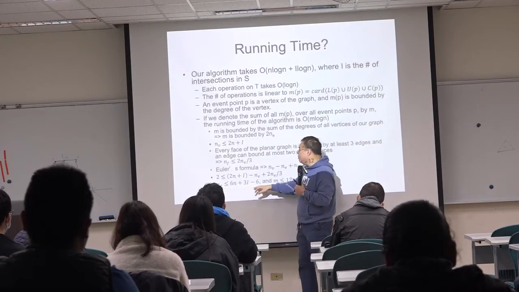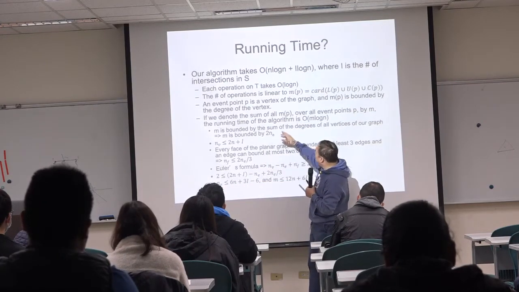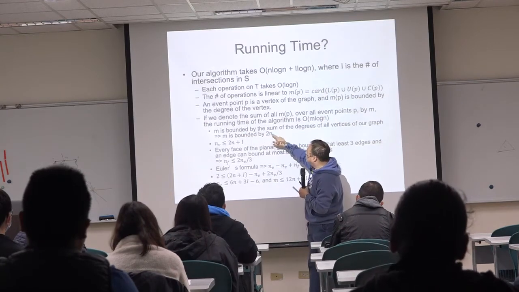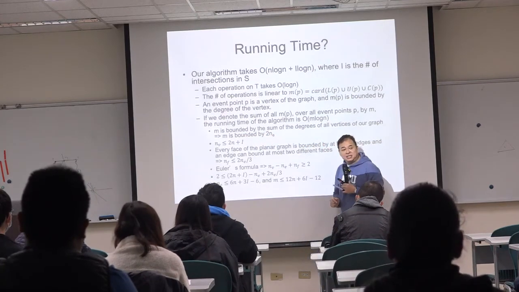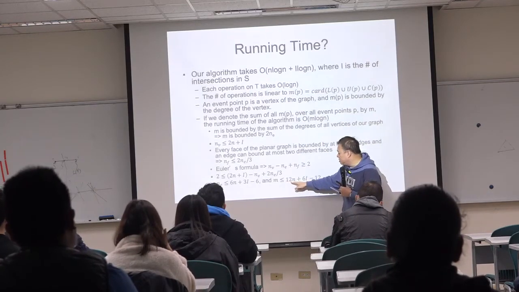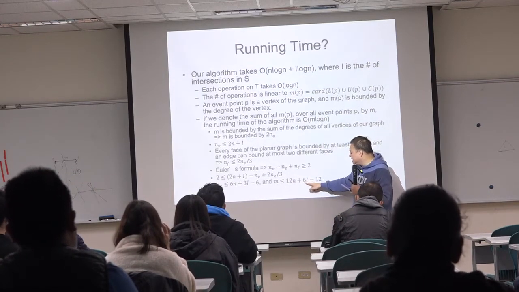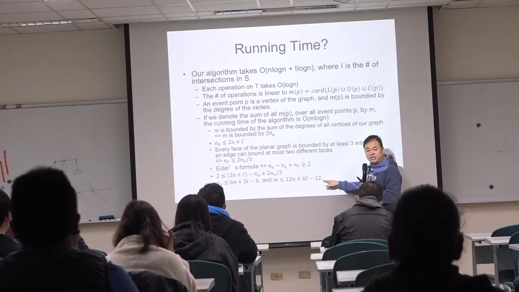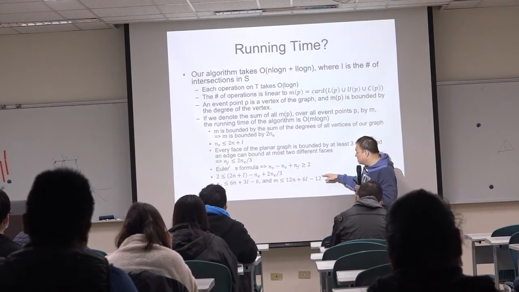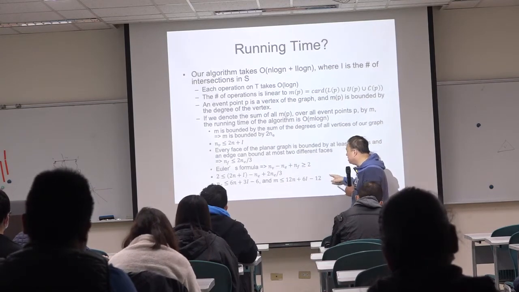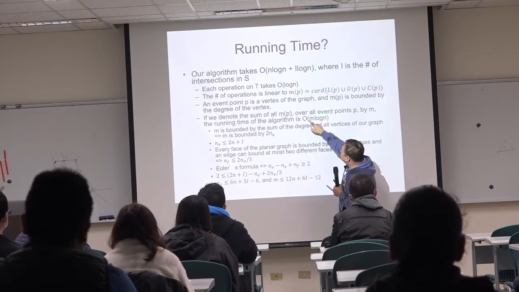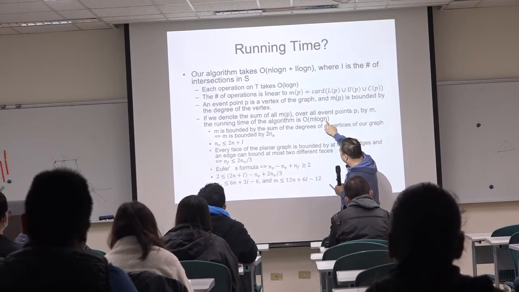So why is this important? Because we know, remember, n is bounded by two times NE, right? So we know n is smaller or equal to 12n plus 6i minus 12, right? So remember the running time of the algorithm is big O n log n, right?